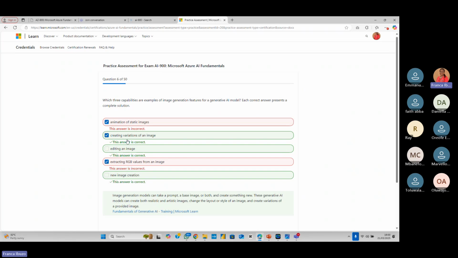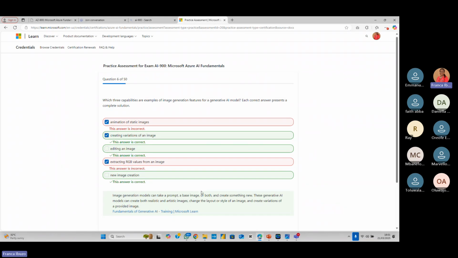So the correct answers are creating variations of an image, editing an image, and new image creation.